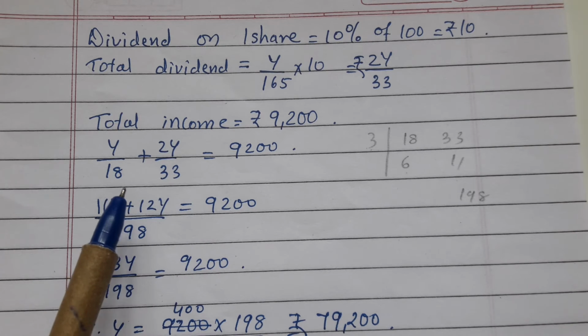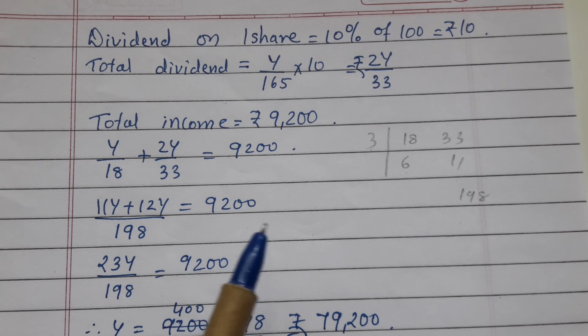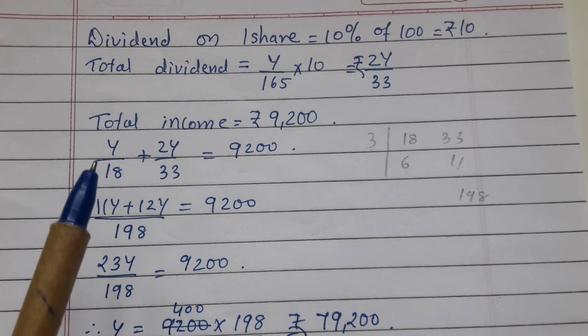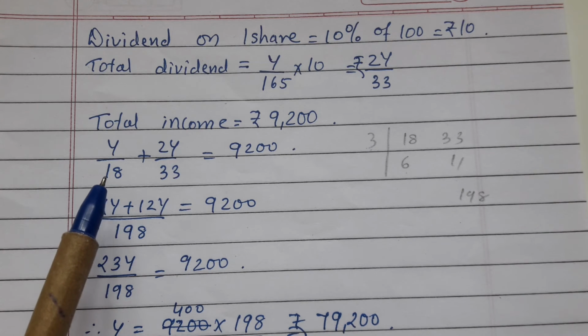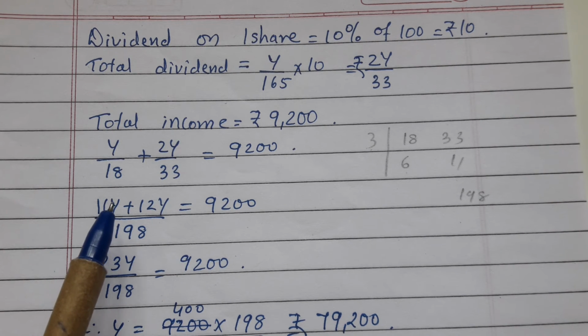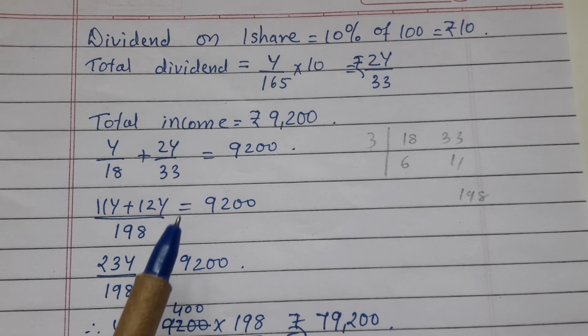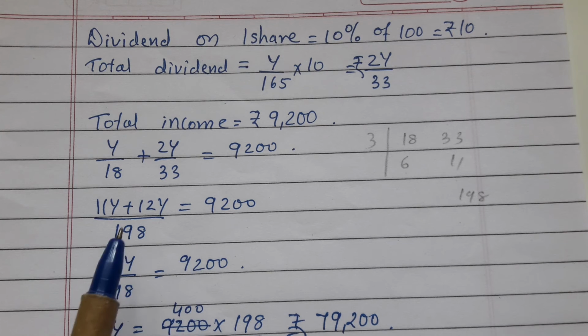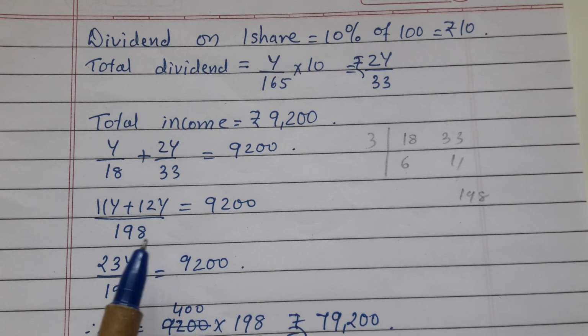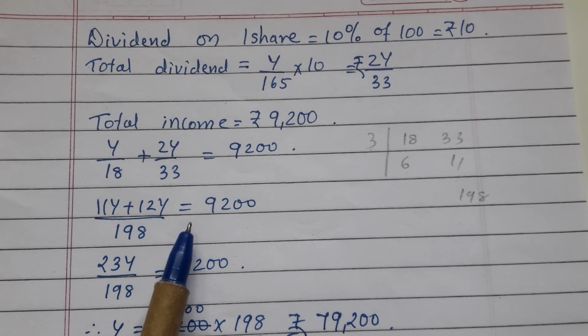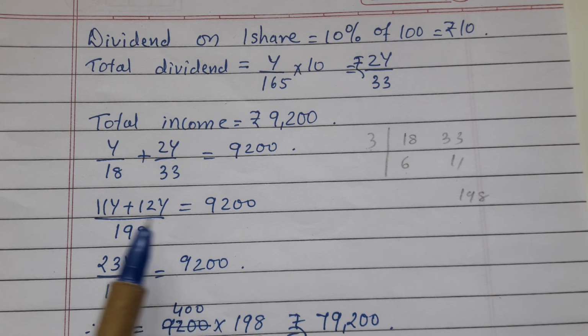Take the LCM of 18 and 33. It is 198. First term multiply and divide by 11, so 11Y. Second term multiply by 6, so 12Y upon 198 is equal to 9,200. 23Y upon 198 is equal to 9,200.